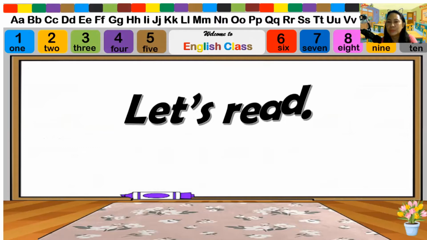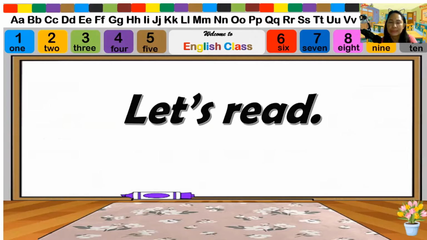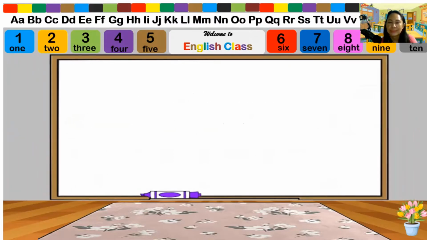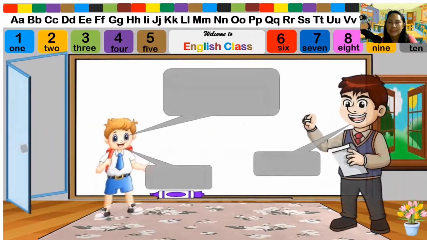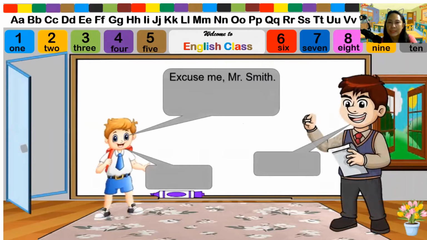Now we're moving to let's read. As we studied last time, when we call someone's attention, we say, excuse me, and then we say the name of the person we are calling, if we know.